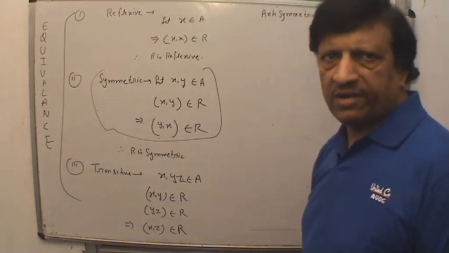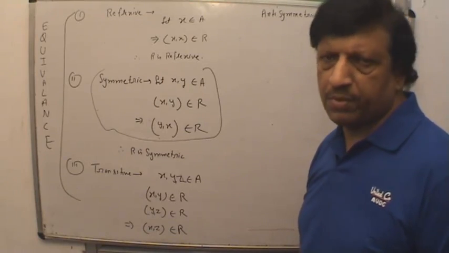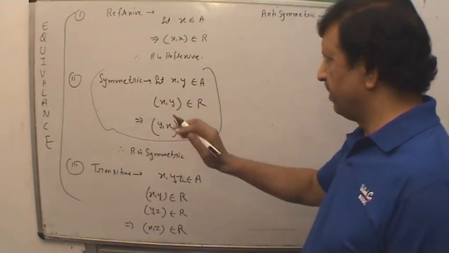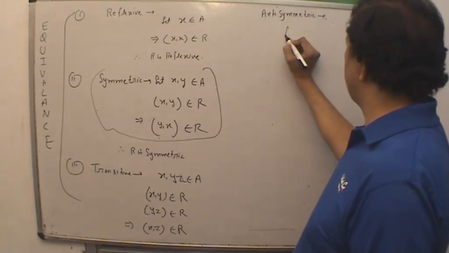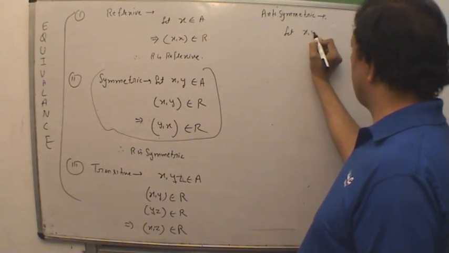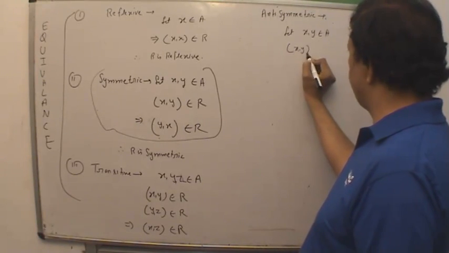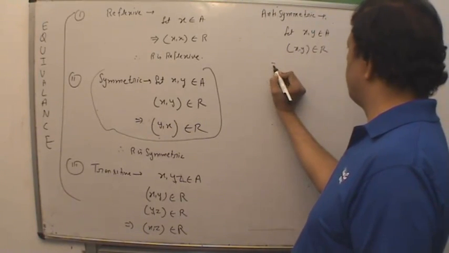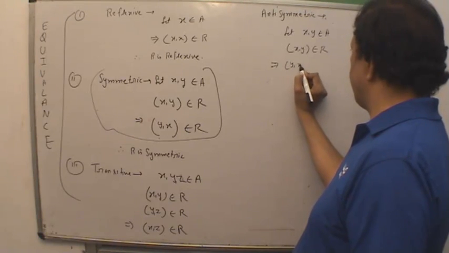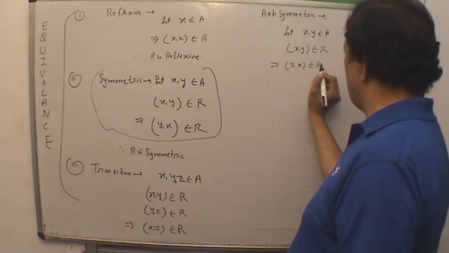It means a relation should first be symmetric. Let (x, y) belong to A, then (x, y) belongs to R. This implies (y, x) belongs to R.